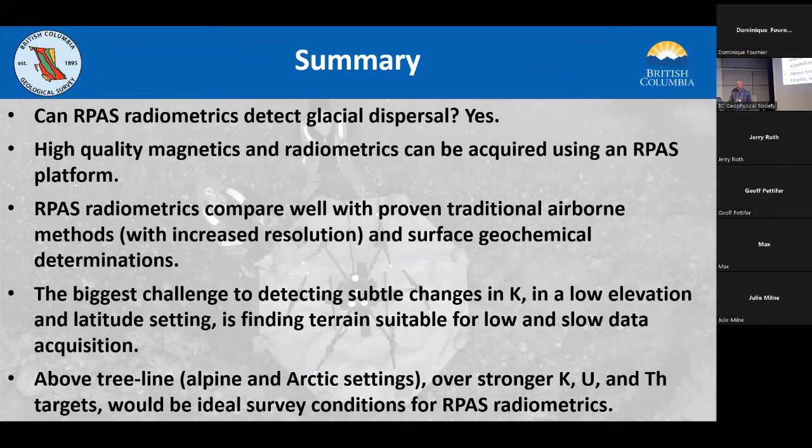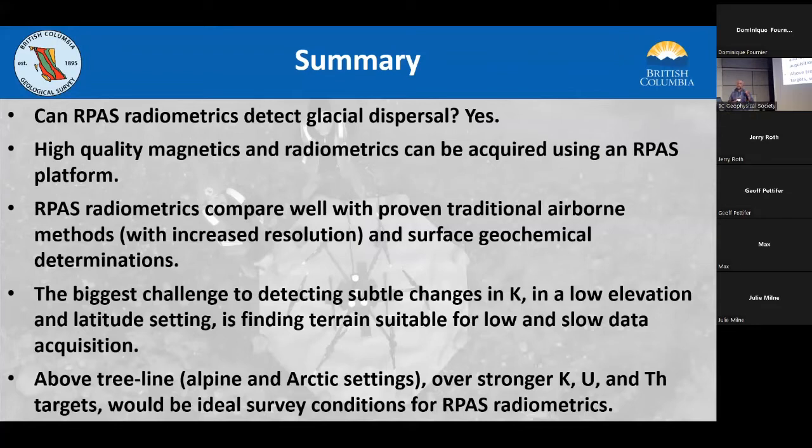How does it compare? The biggest challenge for us was finding areas to fly with favorable geology, and that is tough. I think we've all worked in different parts of Canada and the world, and when you think about what's required of the instrument to collect high quality data and what flying conditions might be ideal, for me, I've worked in the Arctic a bit, and so anything above tree line, whether alpine or Arctic, I think this would be an amazing method, and then over a stronger potassium, uranium, or thorium target.